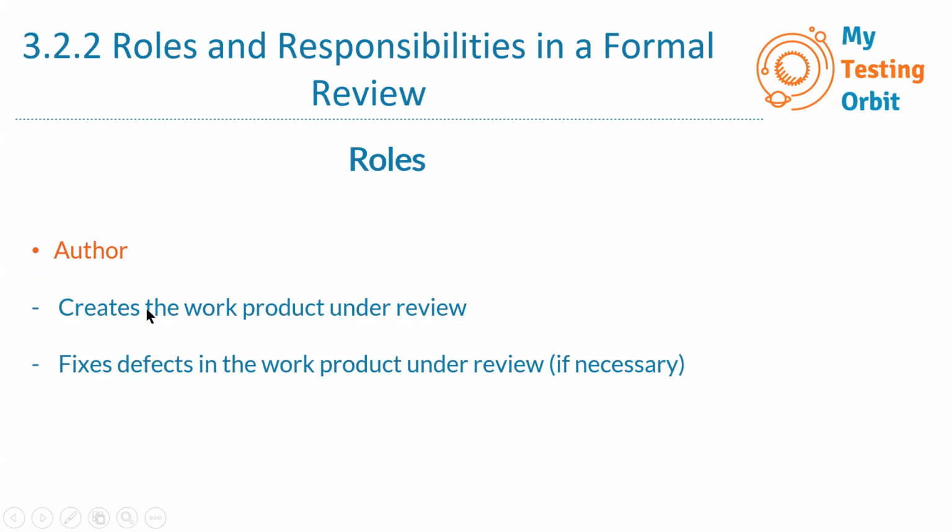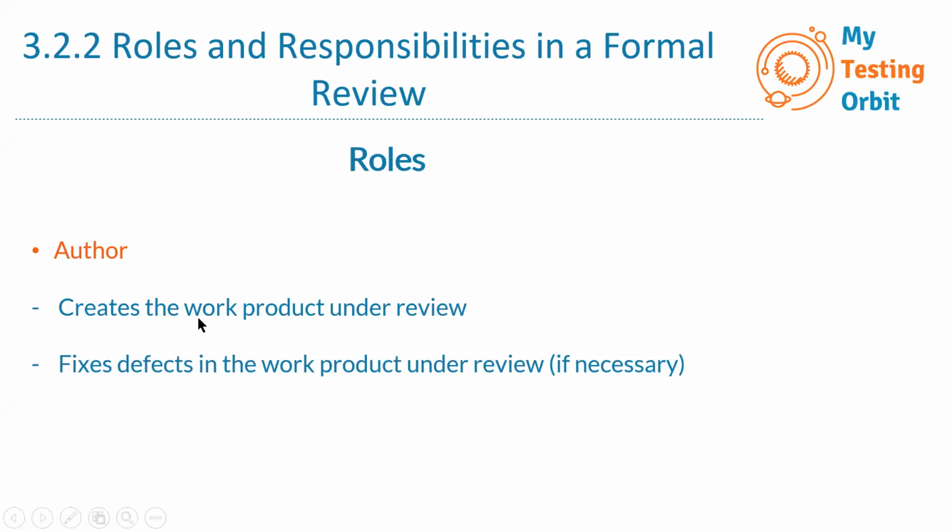Author creates the work product under review, fixes defects in the work product under review if necessary. Author, you can relate it to maybe a business analyst who is writing the requirements. Because the business analyst is the author of, let's say, that work product, who is writing the requirements.